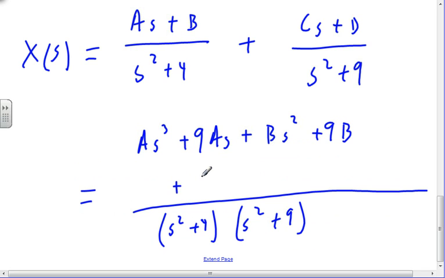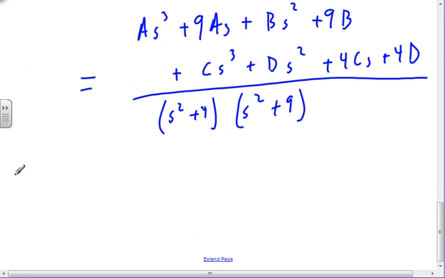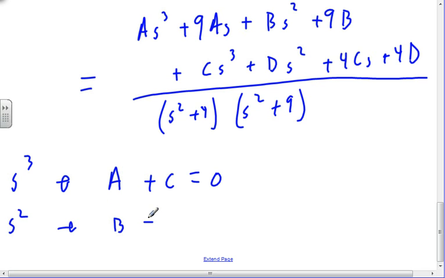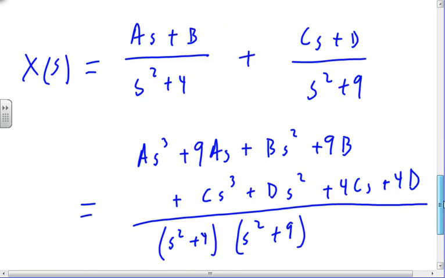Plus Cs cubed plus Ds squared plus 4Cs plus 4D. Okay. Then I look at the s cubed term, and I find that A plus C has to be 0. I look at the s squared term, and I see that B plus D has to be minus 2.